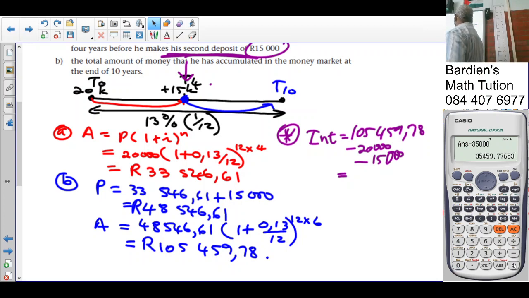So over 10 years, he has drawn an interest of 70,459 rand and 78 cents. Okay. Any confusion?